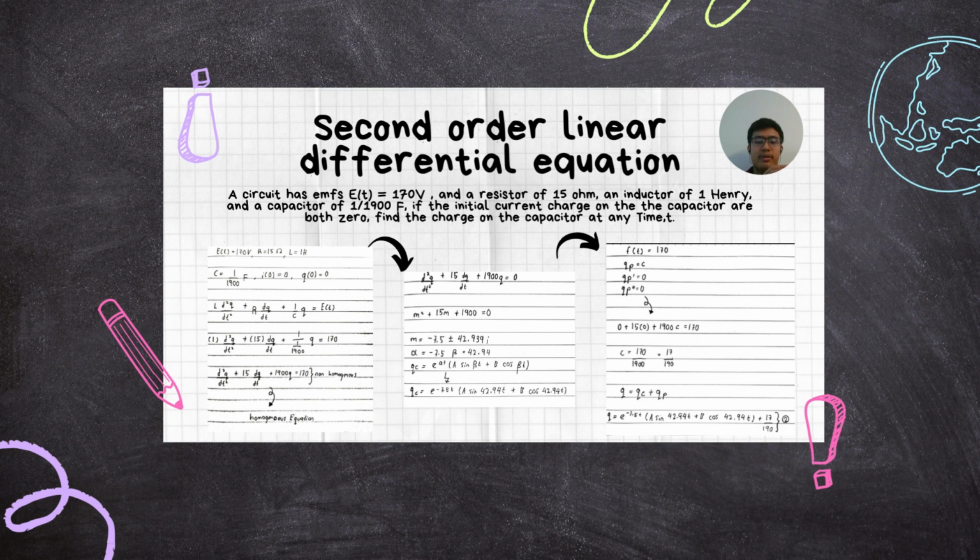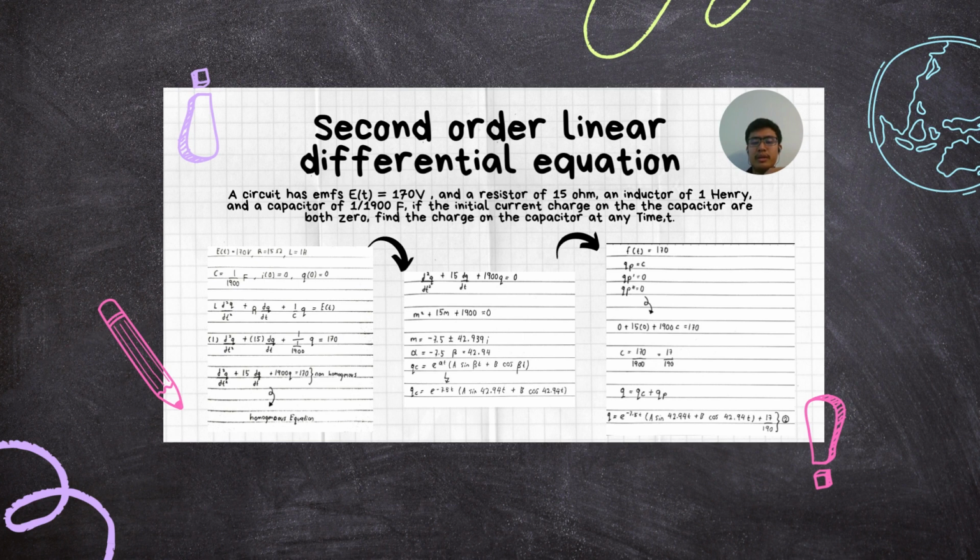After we multiply all the values, we have the non-homogeneous equation. From this non-homogeneous equation, we must change it to a homogeneous equation.